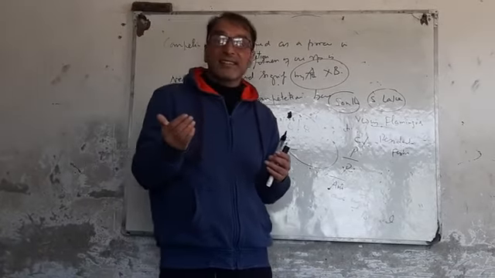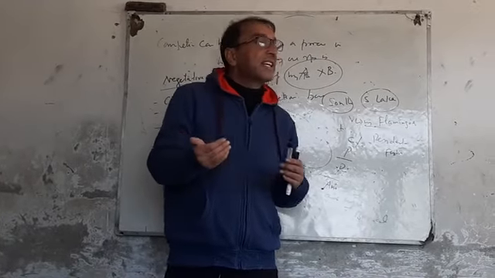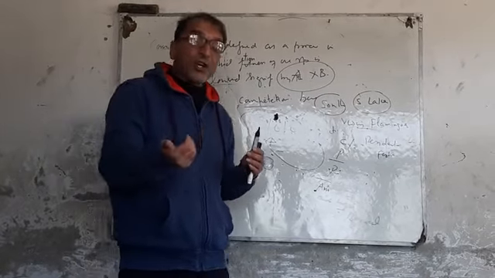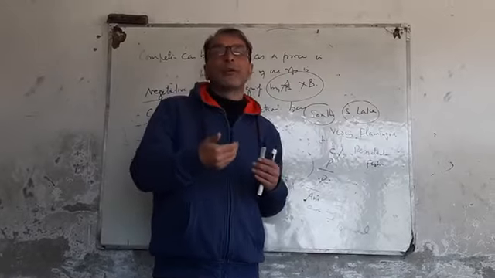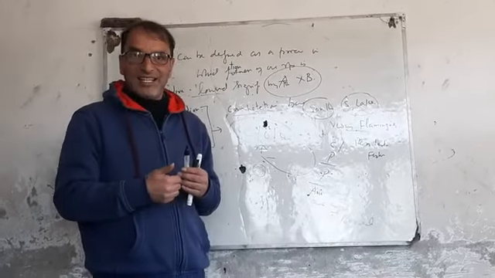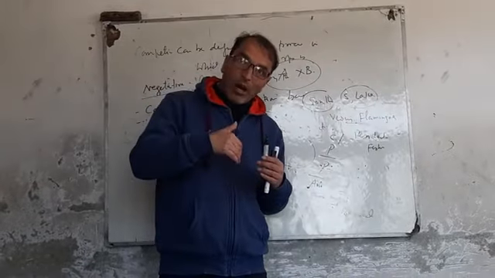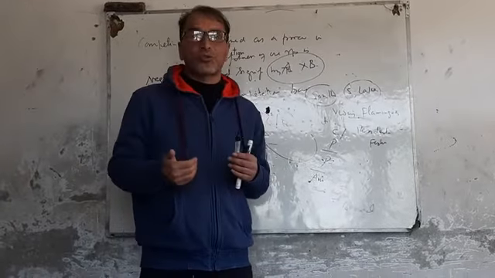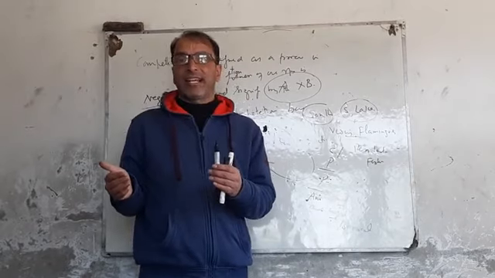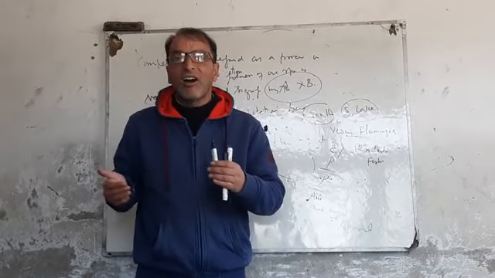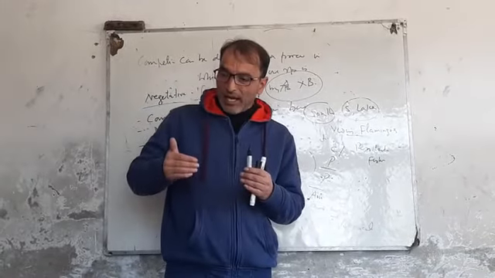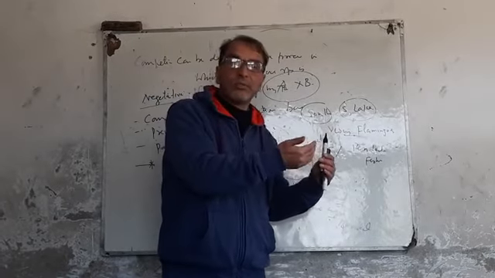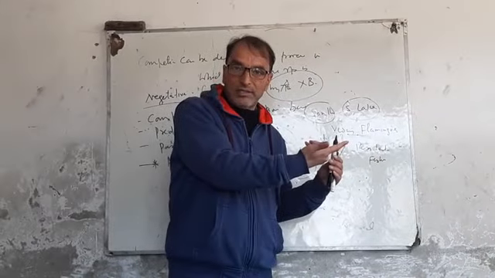What is fitness? In ecology, we say that fitness is the ability of an organism to reach the reproductive maturity. Number two, how many young ones an organism is able to produce. Suppose we have a hen. Hen has 10 offspring, as compared to a cow, which has one single young one.